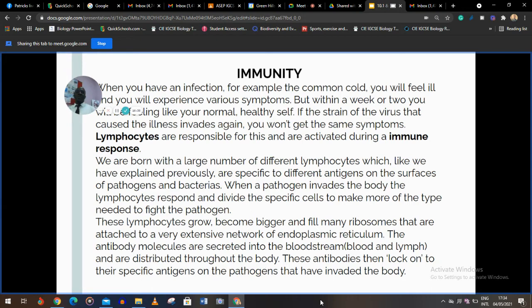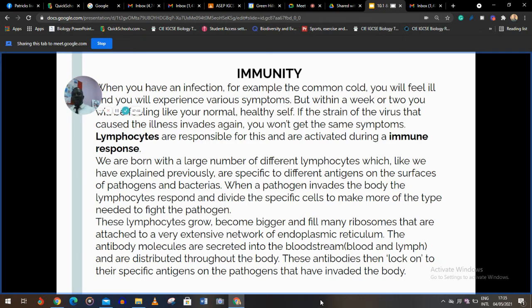So what happens with what we call the immune response? The first time you get a disease, it will treat you badly and you become ill. But in that process, your body is trying, first of all, to identify the type of antigen on that pathogen, produce antibodies which are specific to that antigen, and also produce memory cells.